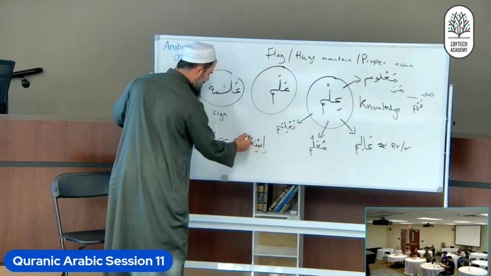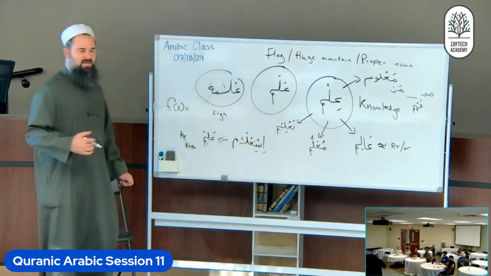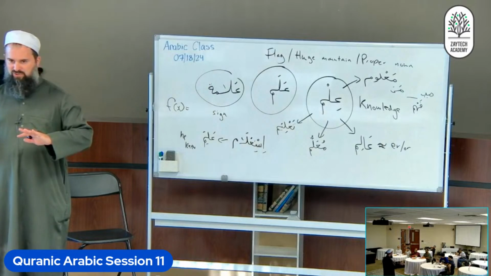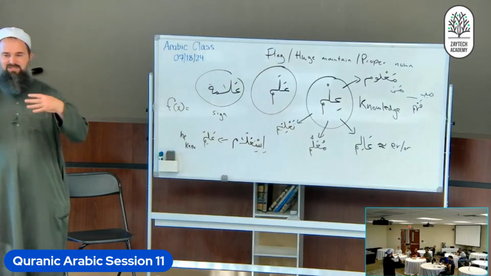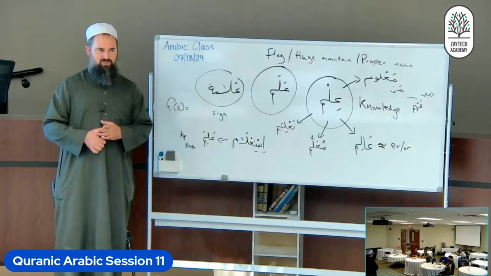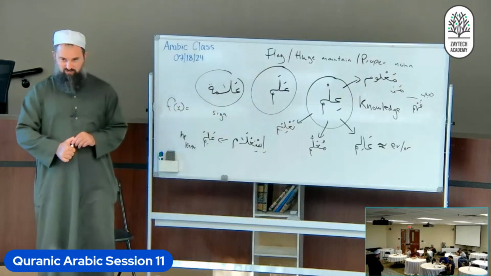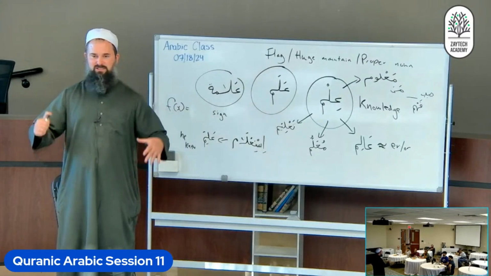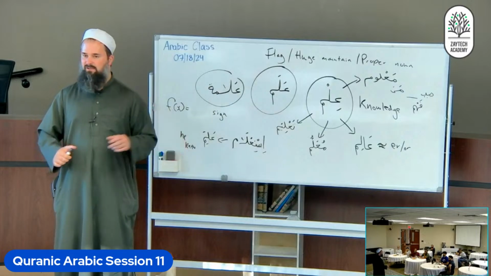Isti'lam means an inquiry. It was changed to mean a process, and to mean somebody seeking knowledge, and it's originally from alima, he knew. That is the most basic structure. The most basic structure in Arabic, when you just have the 3 letters, is he did something. He knew, he ate, he created, he went.